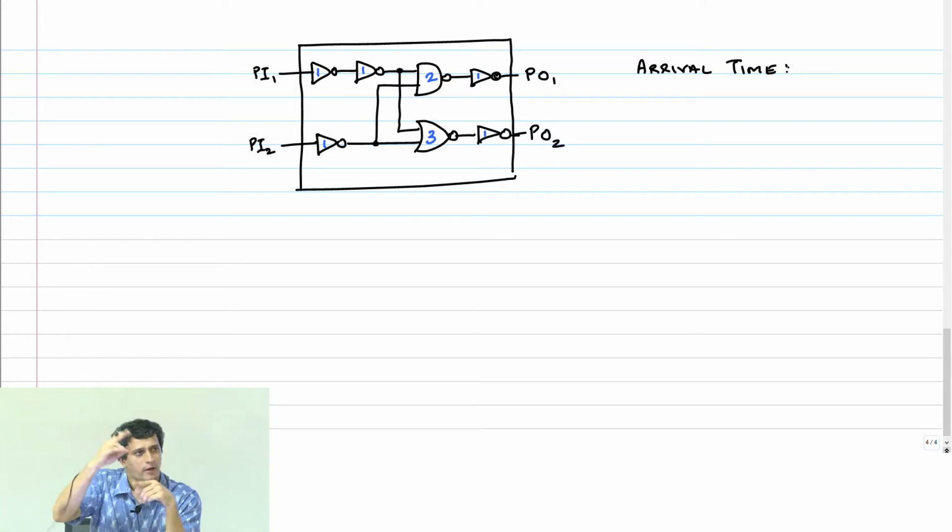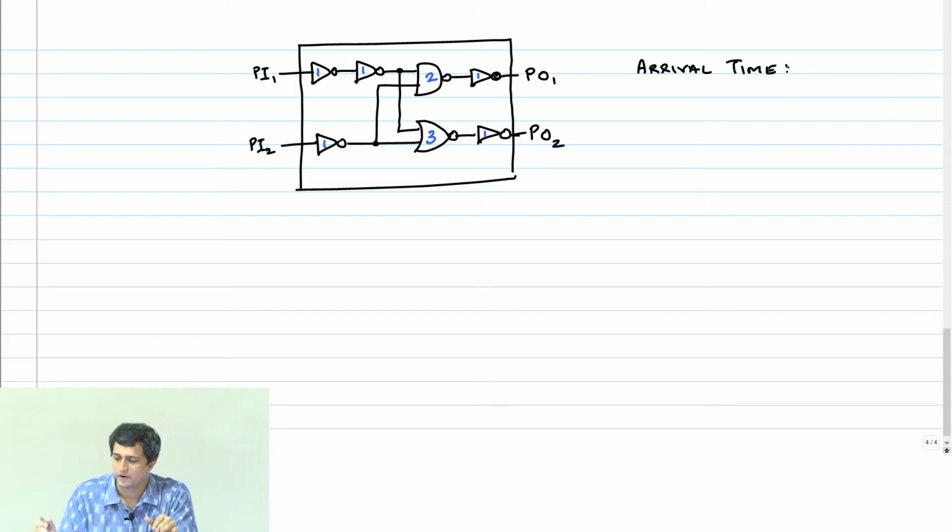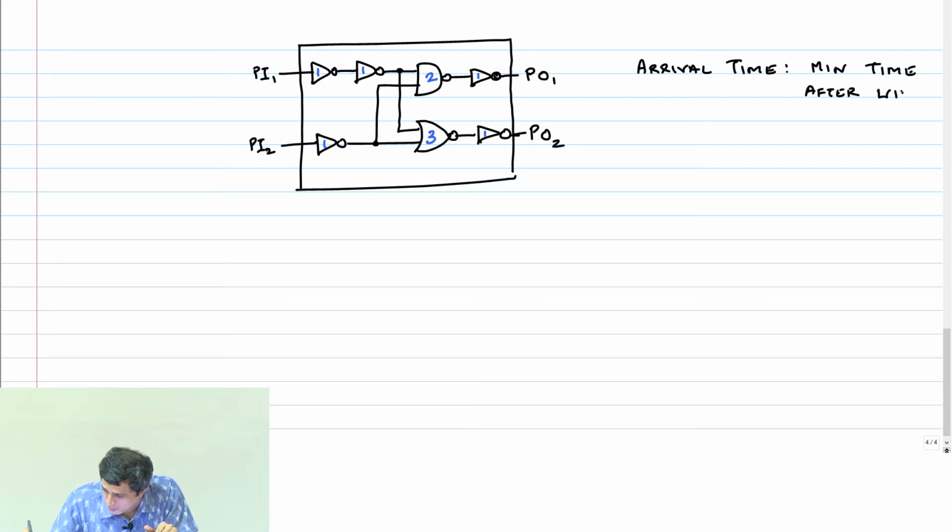So you could have some transitions and then it will stabilize to that output. That's what we are calling arrival time. It is the min time after which the output of the gate is stable.